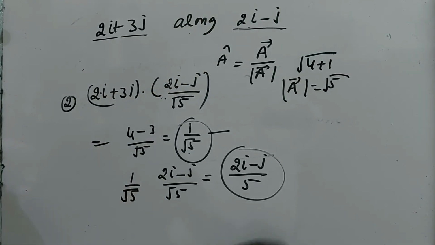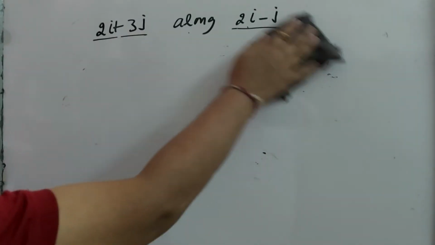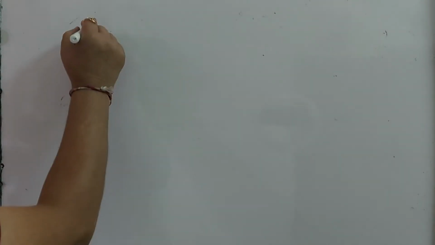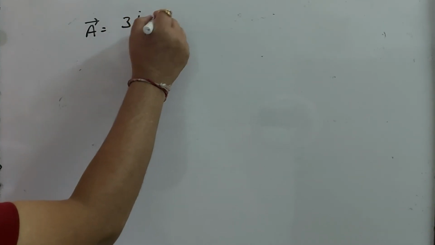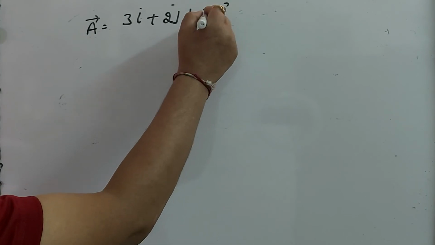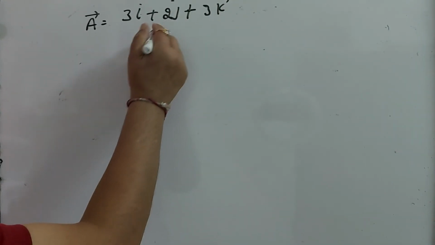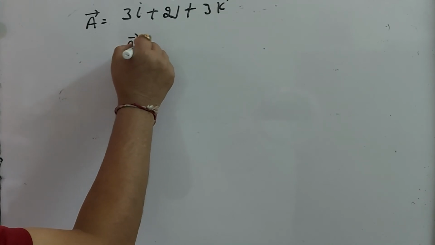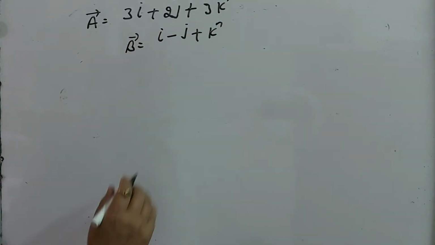Now suppose we have another problem. We have to find out the component of a vector, which is equal to 3i cap plus 2j cap plus 3k cap, and the component of this is to be found along the b vector, which is equal to i cap minus j cap plus k cap.